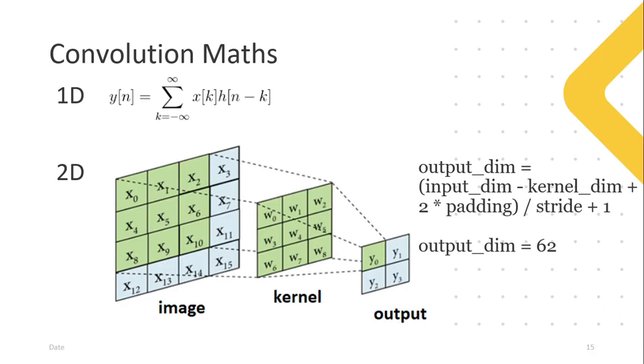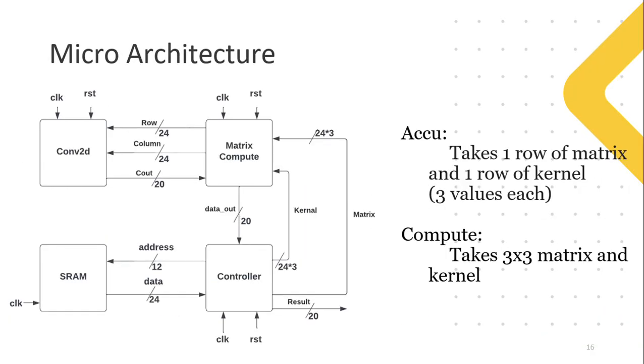If we talk about the architecture, there are three main modules that we have created. The first module is convolution 2D, a very small module that takes one row of the matrix and one row of the kernel, multiplies both rows, adds the individual elements and returns the result.